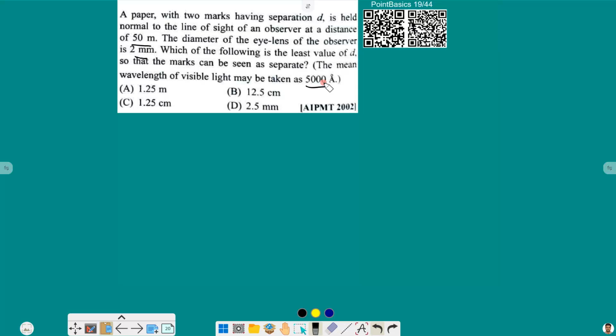So here we have to use resolving power or limit of the resolving power. For that we know that theta is equal to 1.22 lambda by capital D. This is the minimum value of theta which can be resolved. And here suppose this is the separation D in between the two marks, and we are observing from a distance of 50 meter.